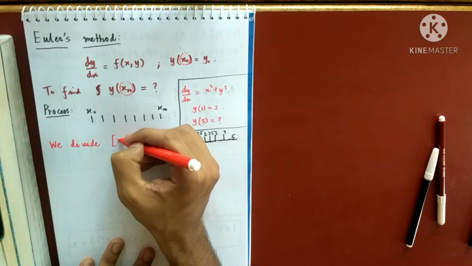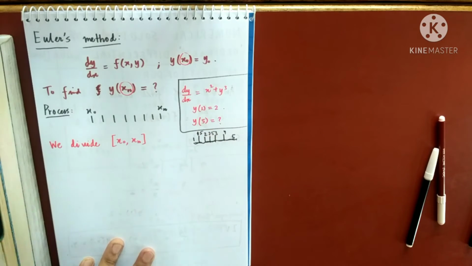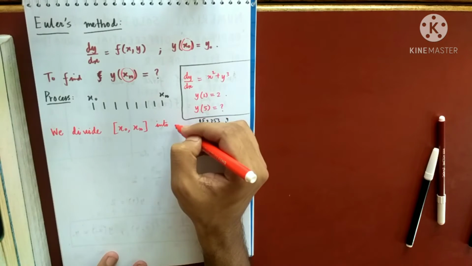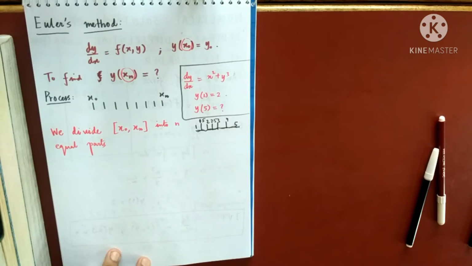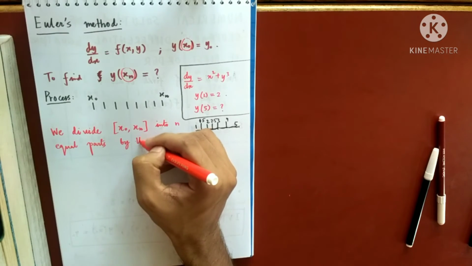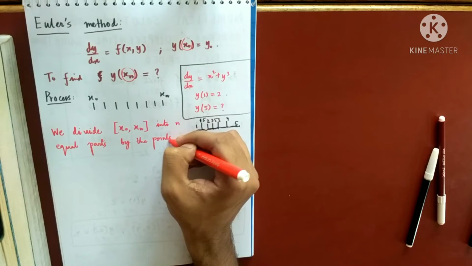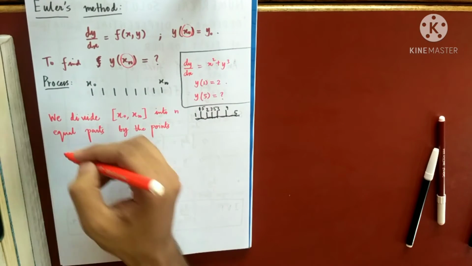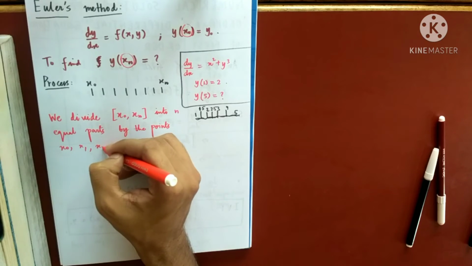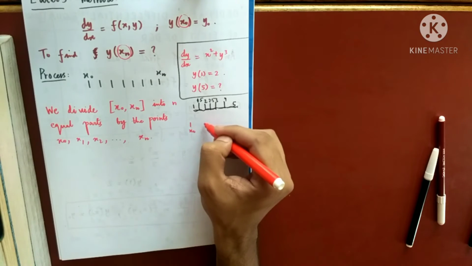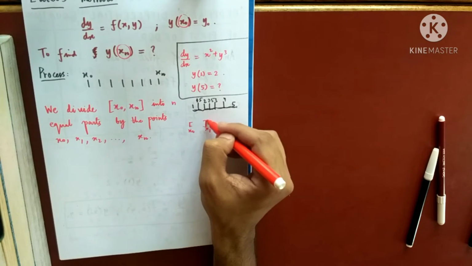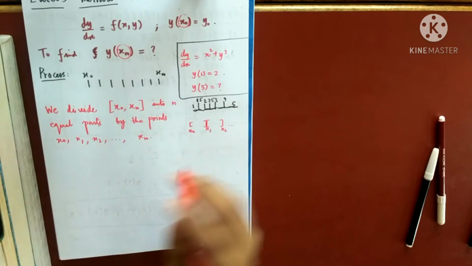So we divide this one, x0 to xn, into n equal parts by the points x0, x1, x2, dot dot dot, the last one being xn. So my first subinterval is x0 to x1, the second subinterval is x1 to x2 and so on.